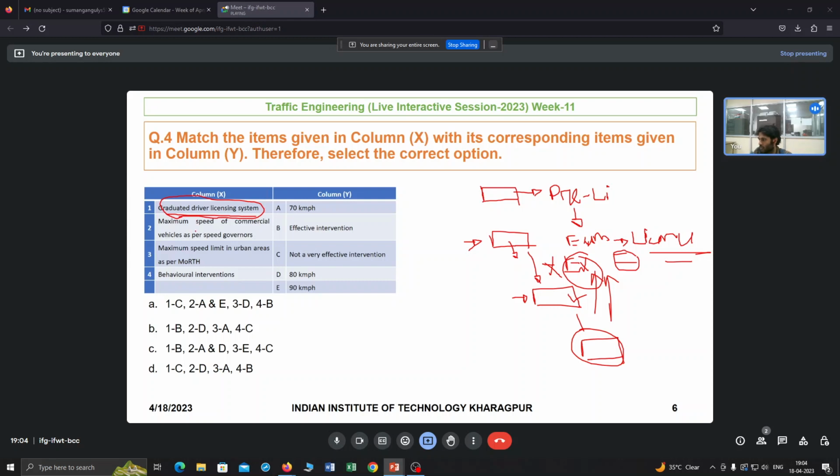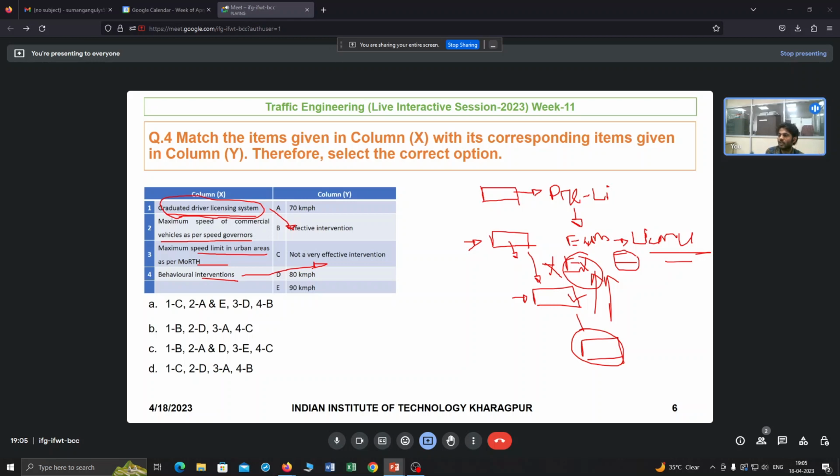The next statements are: maximum speed of commercial vehicles as per speed governance, the maximum speed limit in urban areas as per MoRTH, and behavioral interventions. The graduated driver licensing system is an effective intervention, of course, any day. Behavioral interventions are not very effective, because if you consider only behavior, you may not be able to capture everything.